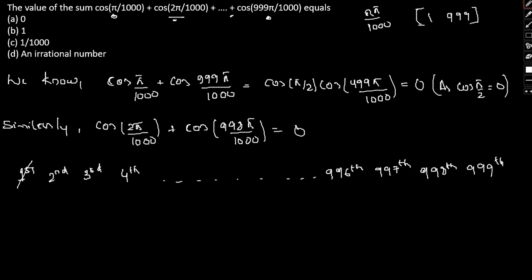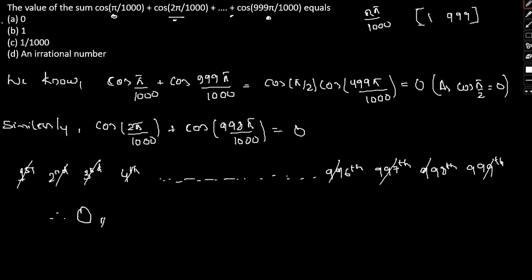So summation of this and this will be 0. Similarly, summation of this and this will again be 0. Third and 997th be 0, and fourth and 996th be 0. Similarly, the trend will continue for each and every one of those. Since the summation of all the subsequent terms are coming to be 0, the sum of the entire series will be 0.